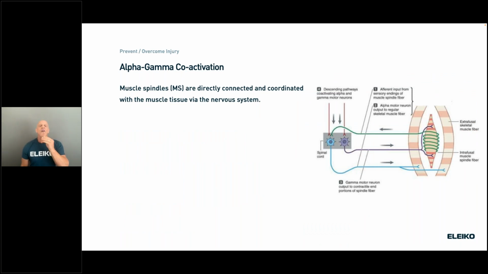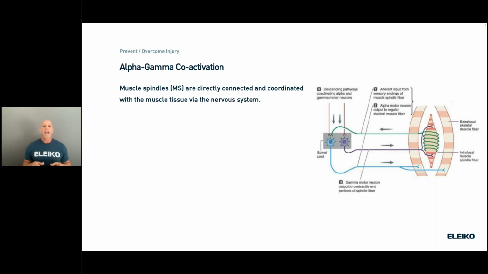So the way that this works for the muscle spindle and the muscle, and why they're so intimately connected: muscle spindles are directly connected and coordinated. They're synced up with the muscle fibers. So we have the little spindle that's embedded in muscle fibers, and there's dozens, hundreds of them, depending on the muscle.